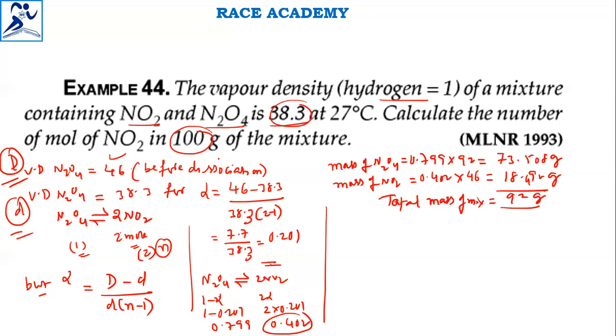But now we will see in the question, the mass given is 100 grams. In this, they're asking only NO2. That means whatever we got here, 18.942 grams is present in 92 grams of mixture.